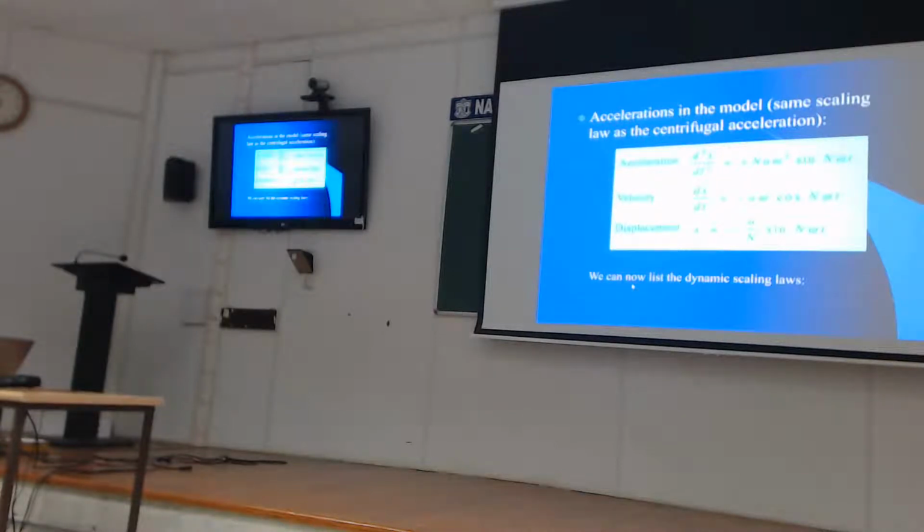Now, if you run with that for a second, I can now integrate that to get velocity and integrate again to get displacement. And velocity turns out to be a omega cos n omega t, and displacement x is a over n sine n omega t. So basically, by making the frequency n, we got rid of the extra n I was getting there.